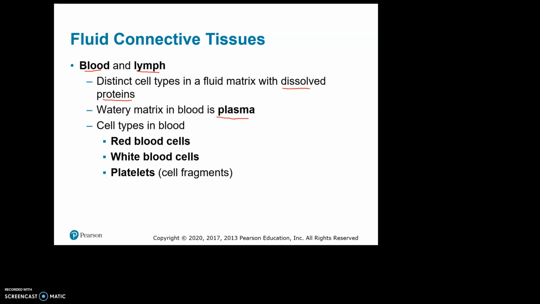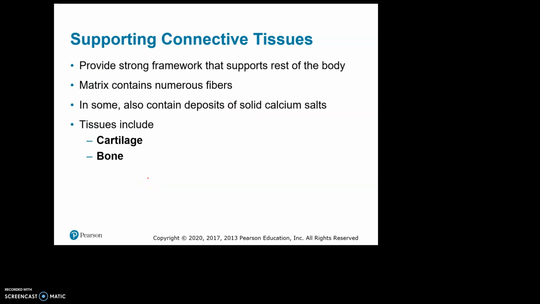You'll have dissolved proteins in the matrix of blood and lymph. In blood, the matrix is plasma, and the cells are red blood cells, white blood cells, and platelets, which are cell fragments.